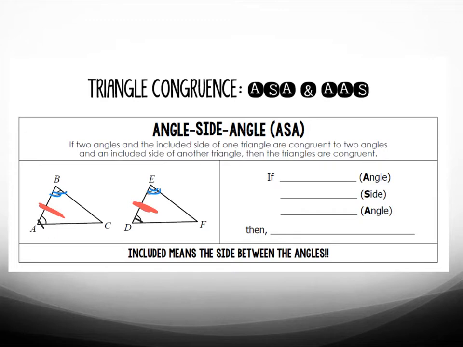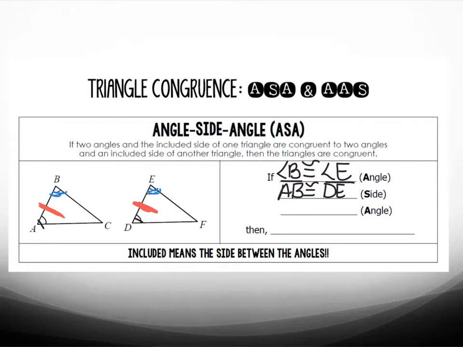So here, what do we have? We have angle B is congruent to which angle? Angle E. What is the side? We name a side with 2 letters. So side AB is congruent to side DE. We got our angle, we have our side, we need another angle.